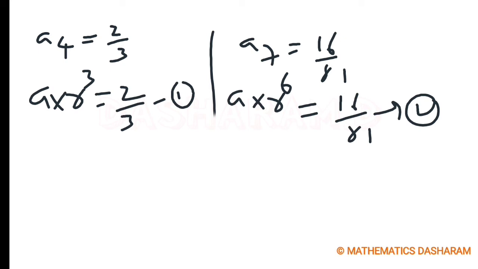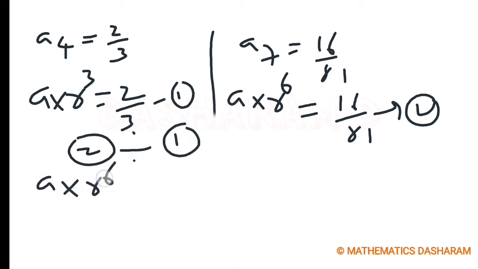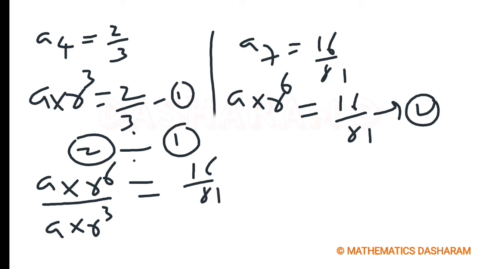Here the highest power is 6, so that is why equation 2 divided by equation 1. Equation 2 LHS A into r to the power of 6, equation 1 LHS A into r cube, equals equation 2 RHS 16 by 81 divided by equation 1 RHS 2 by 3.